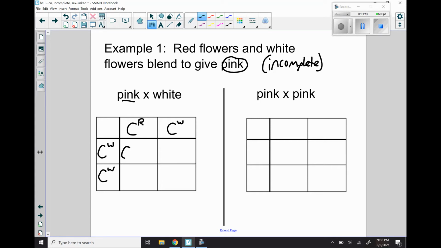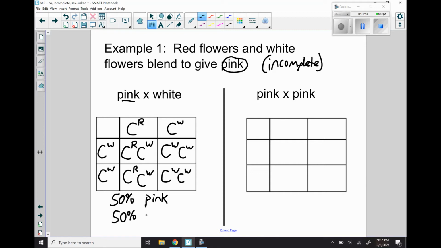I look at what allele it gets from the top from one parent and what allele it gets from the side from the other. So these offspring of a pink plant crossed with a white plant, I have 50% have the heterozygous alleles, red, white. So 50% of these plants are going to be pink. And the other 50% are going to be white.